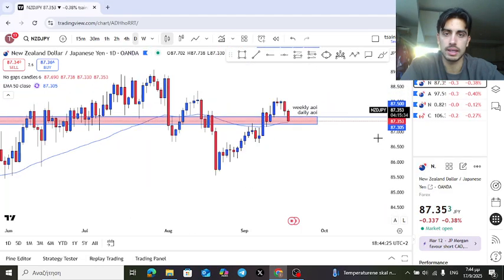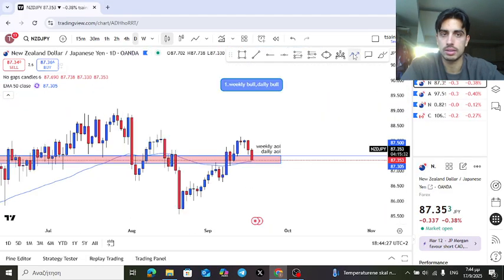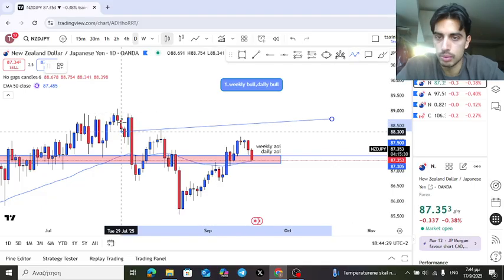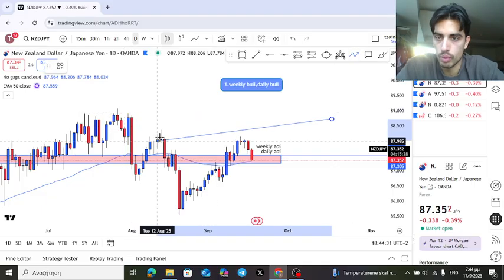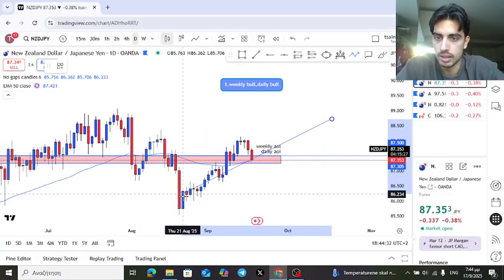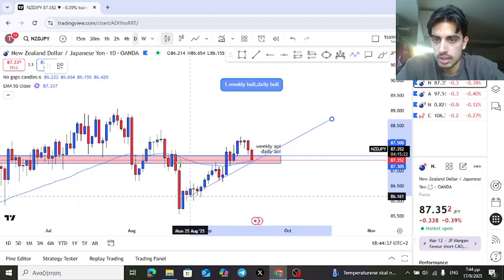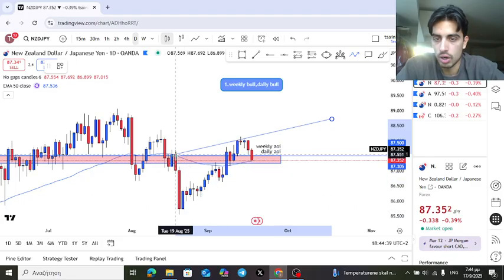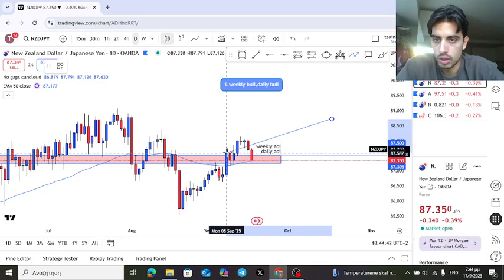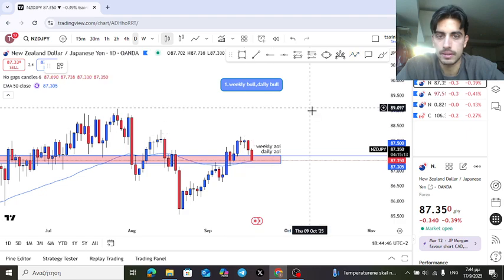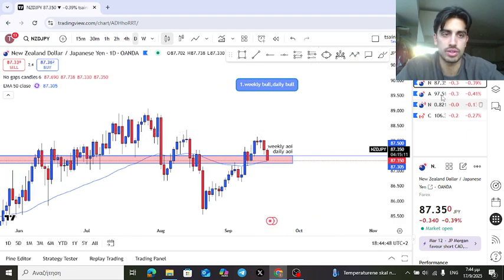And then the daily is what became recently bullish, because we were creating lower highs, lower lows, and then this was our lower high, this was our lower low, and we broke above it, as you can see, and now we are in both time frames bullish.